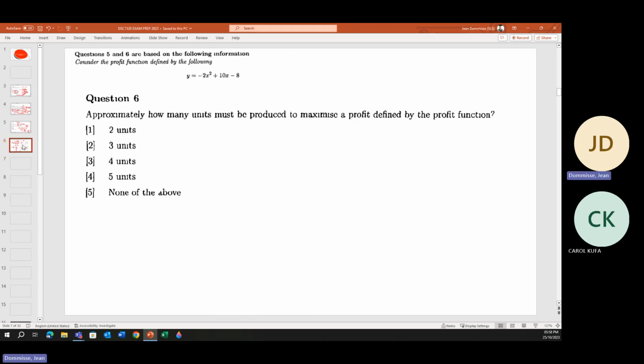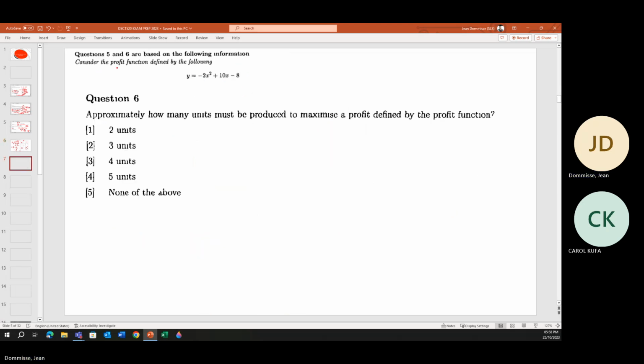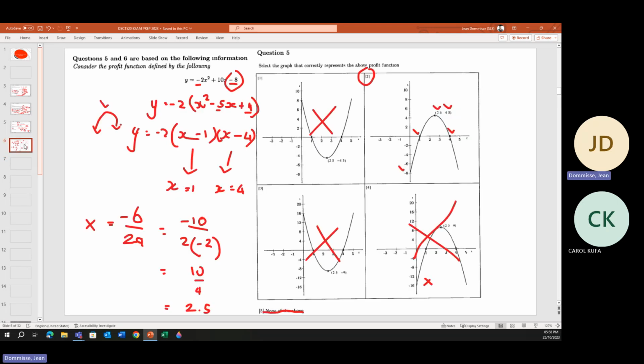So what we've then done is to say, based on this information, so again, we look at that information: approximately how many units must be produced to maximize the profit defined by the profit function? Okay, so we know that at that point, we will maximize it. That was where x is equal to 2.5.